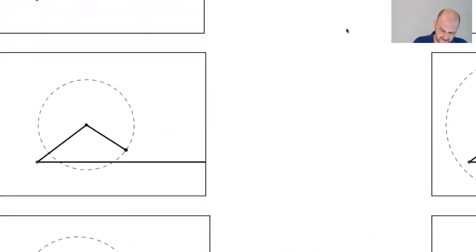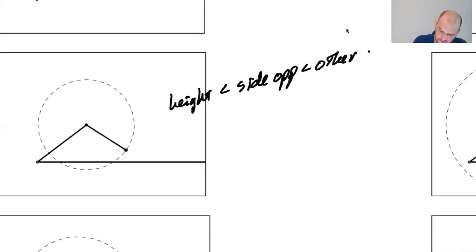All right, here, this is the really interesting one. This is the height is less than the side opposite, which is less than the other side. Let me highlight this one too. So the height is there.